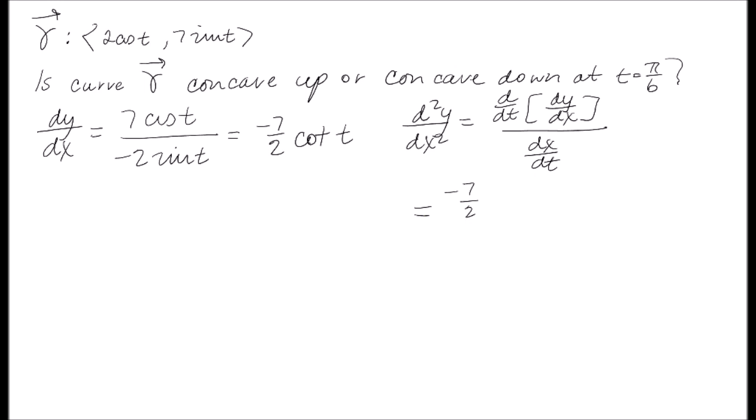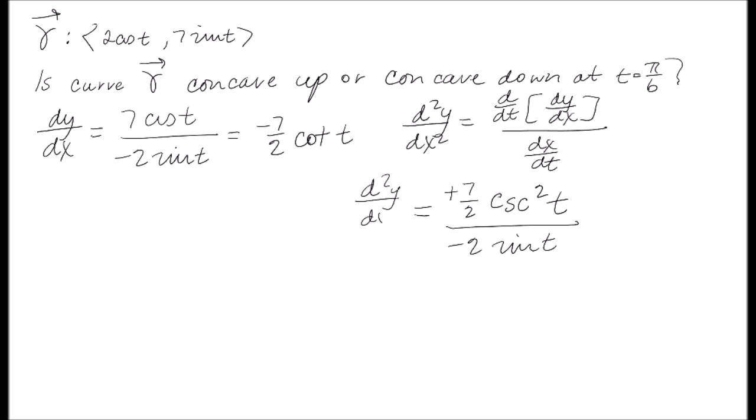Does anybody remember? Yes, negative cosecant squared. See, even I have to think about this a little bit. So this is negative cosecant squared. So it's going to become positive 7/2 cosecant squared t. And then I'm going to divide by dx/dt, which was negative 2 sine t.